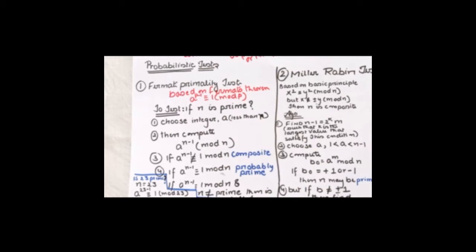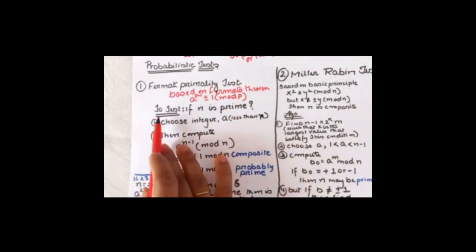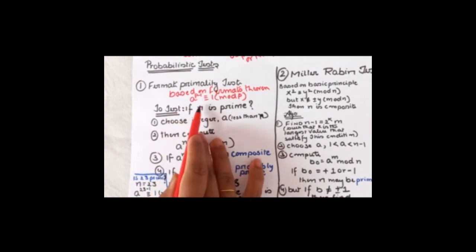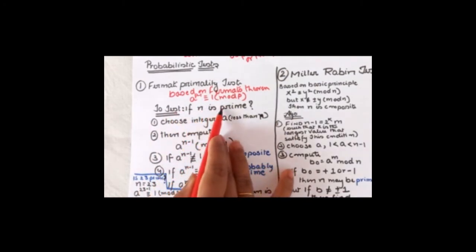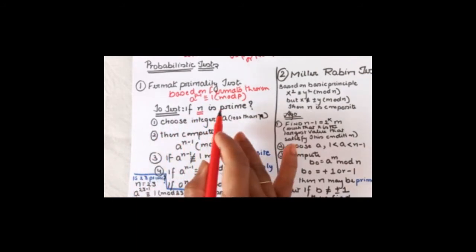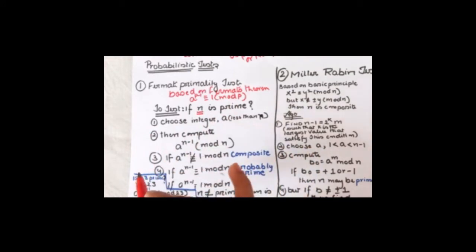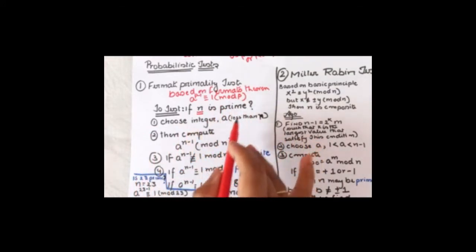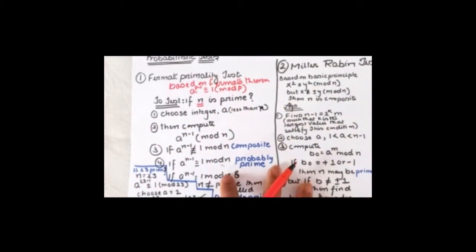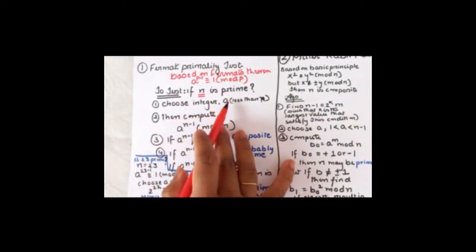Okay, now how will we be using this theorem? Let's start. For example, you want to test if n is a prime number or not. If n is a number that is given to you and you want to know whether this is a prime number or not, what will you do? Let me start with the first step. Choose an integer a less than n.